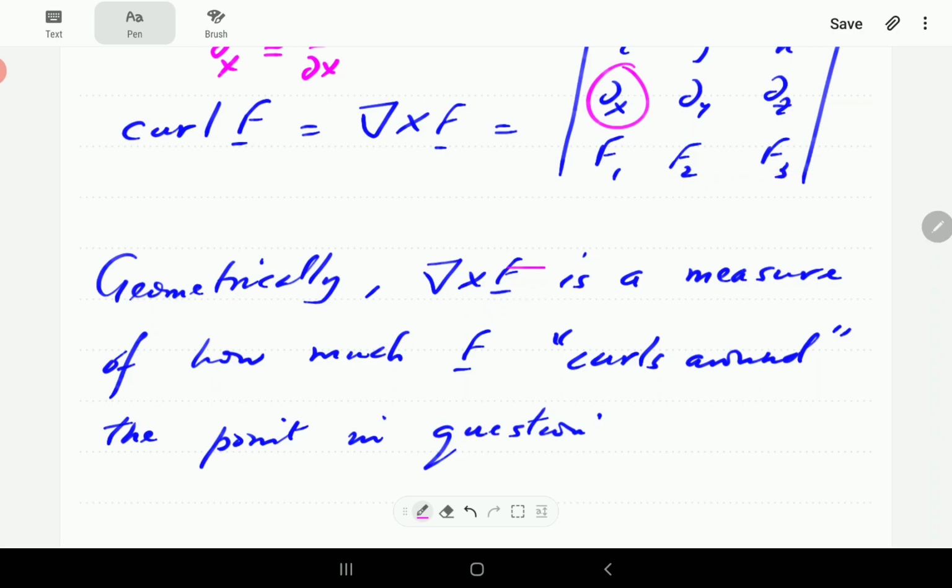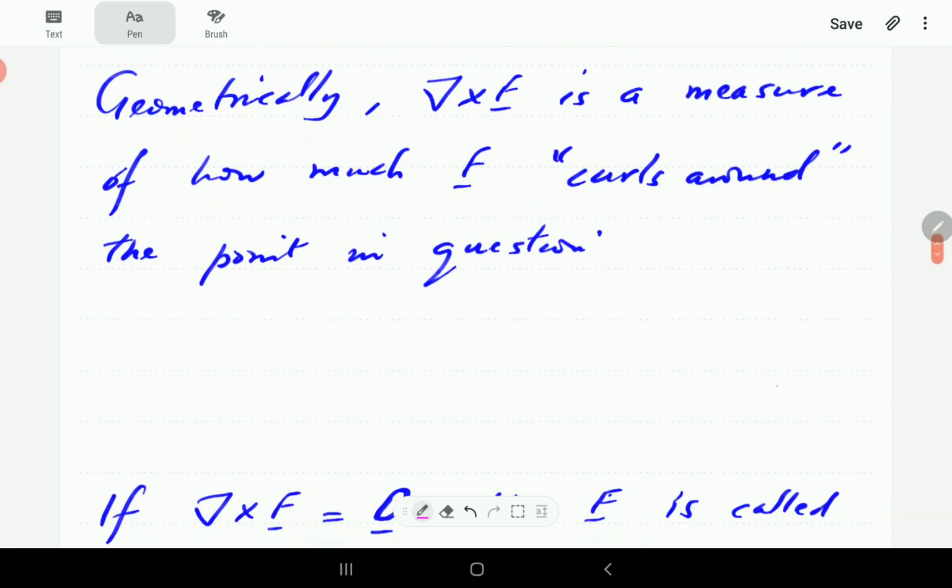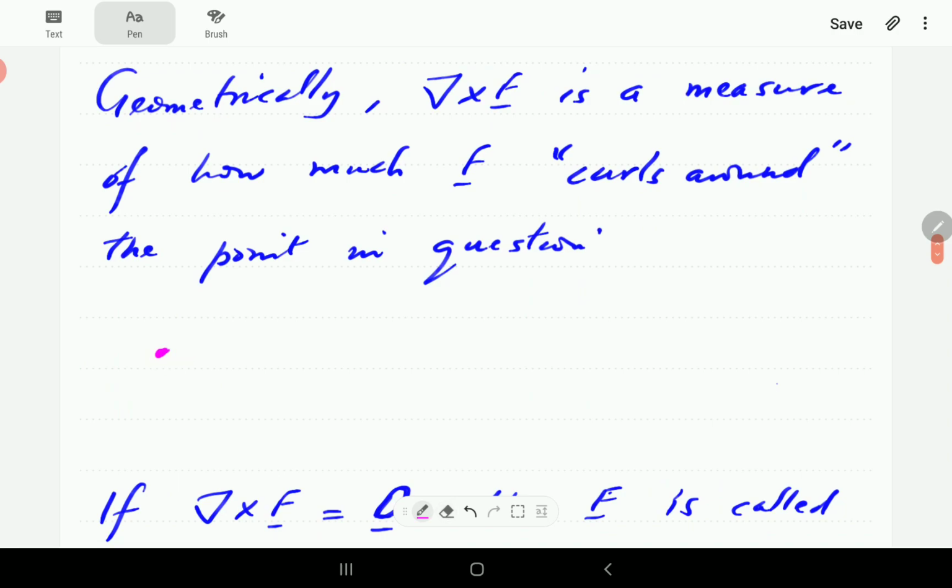Geometrically, the curl of f is a measure of how much f curls around a point in question. So in this case, if we take a point like this, and our vector field is something like that, then the curl of this vector is going to be non-zero, because you can see that the streamlines are curling around.